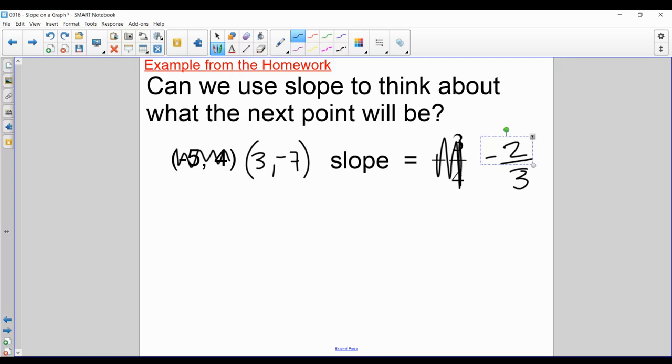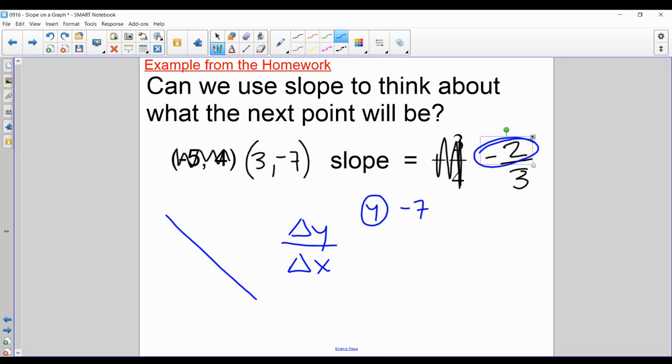Again, that slope is negative, so I know it's going down. Slope is change in y over change in x. So my y is going to start at -7, and it's going to go down 2, so I'm going to subtract 2.